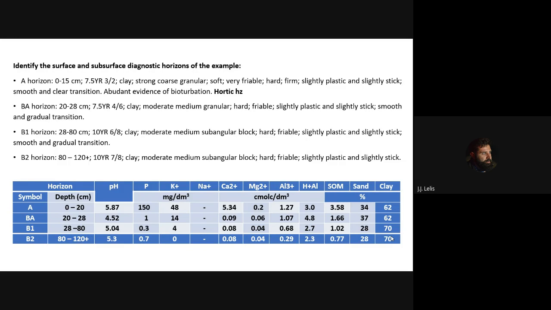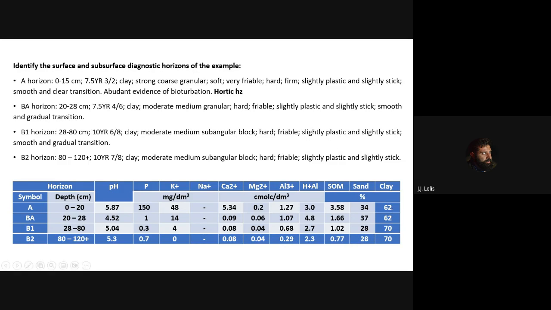Okay, so let's see. If we have equal to or more than 50% of clay in a surface horizon, in an overlying horizon, we should present at least 20% more clay in the subsurface horizon.